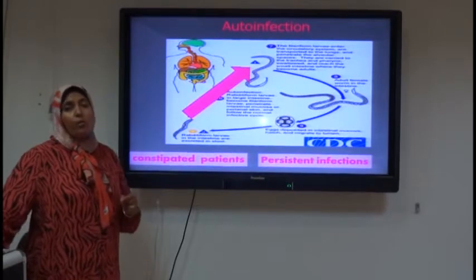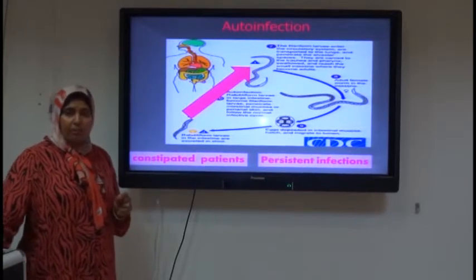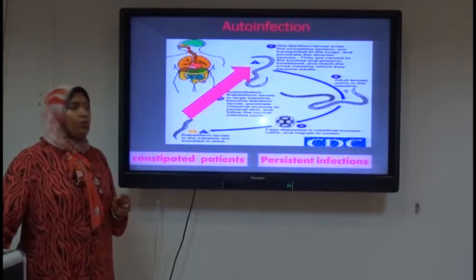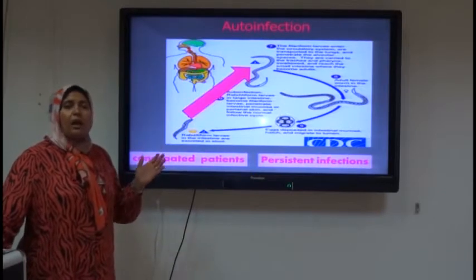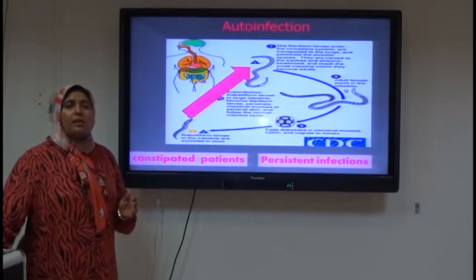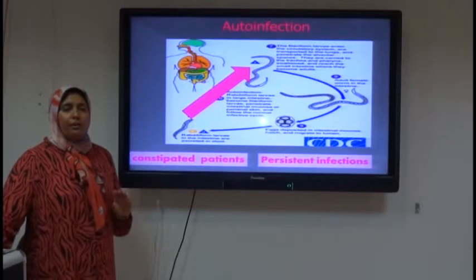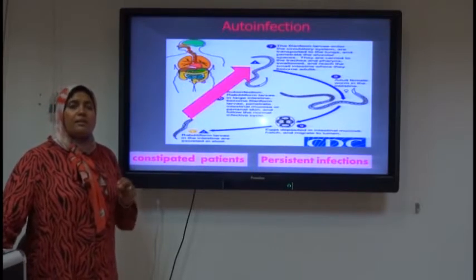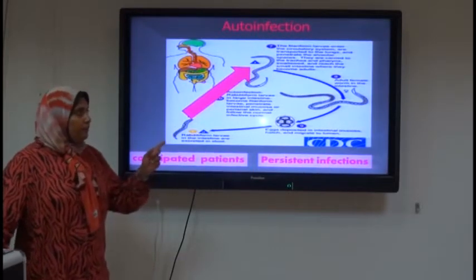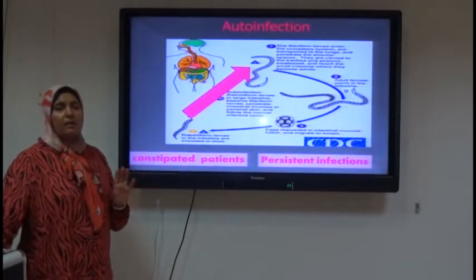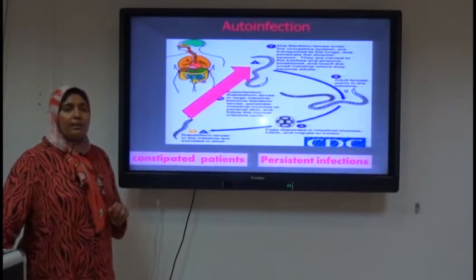And that's why when I was telling you about the scheme which we agreed upon before dealing with the life cycles, I told you that the autoinfection doesn't need soil. Everything happens inside the body of this man. It doesn't need soil to continue its life cycle.